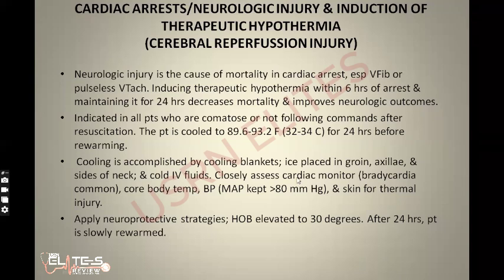So this patient has to be closely assessed on the cardiac monitor for signs of bradycardia. You know that when a person is cooled, there could be vagal nerve stimulation, which can decrease heart rate. Take note of that.